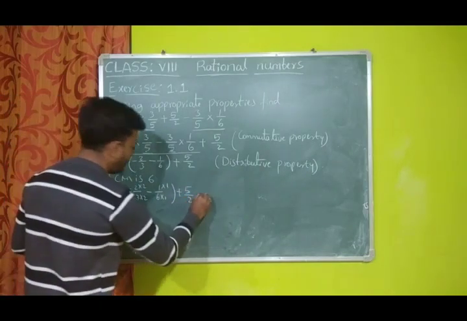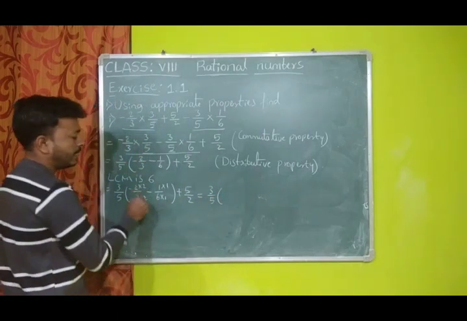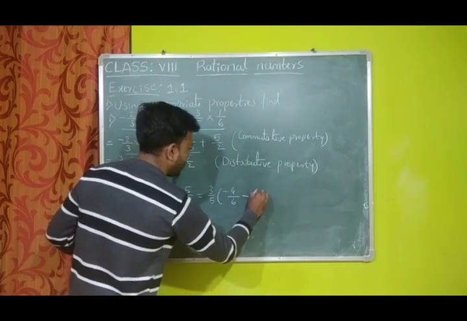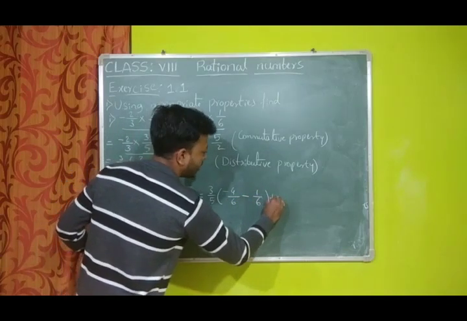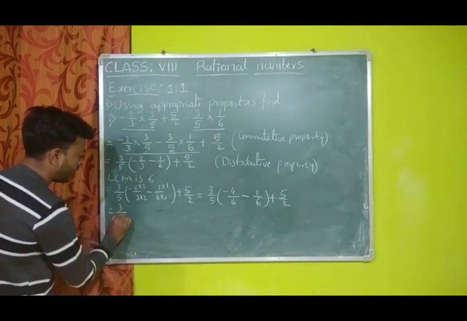Now, simplify here: 3 upon 5 bracket, minus 2 to the minus 4 divided by 6, minus 1 by 6, plus 5 upon 2. This is 3 upon 5.